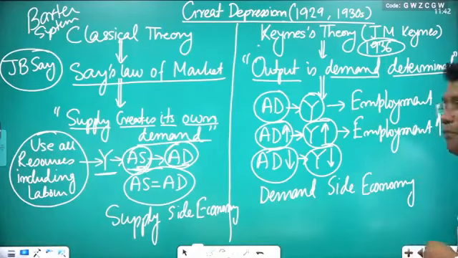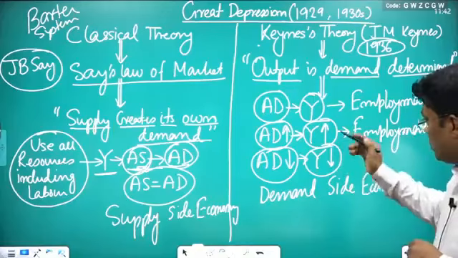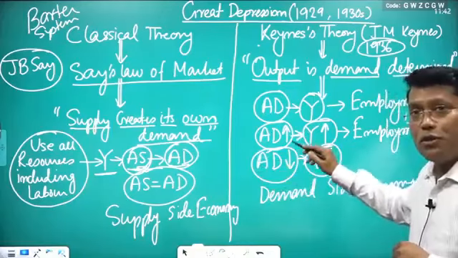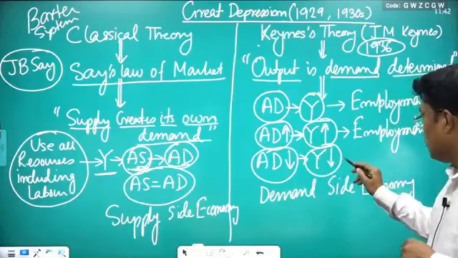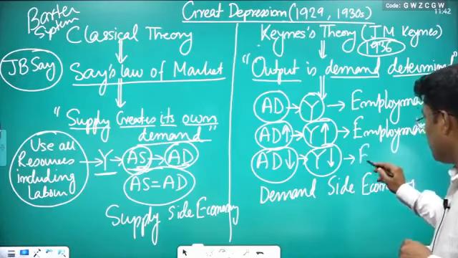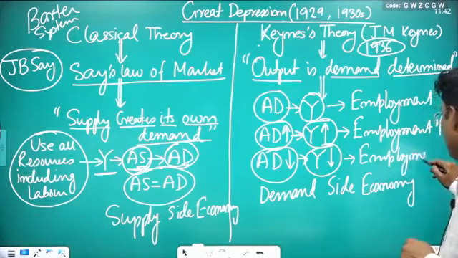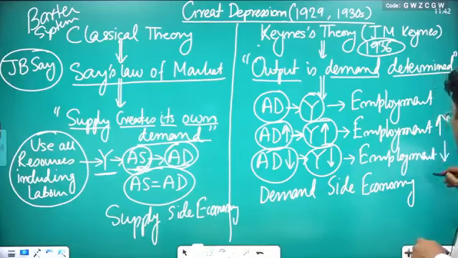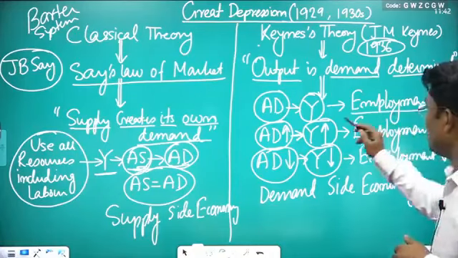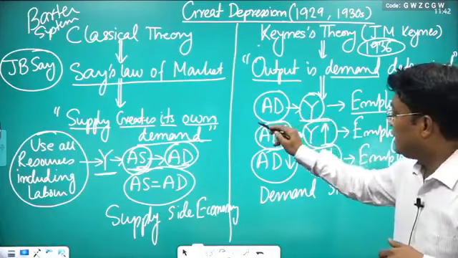On the other hand, if aggregate demand falls, your level of output will decrease and employment will decrease. So in Keynes's theory, employment depends on output, and output depends on aggregate demand.